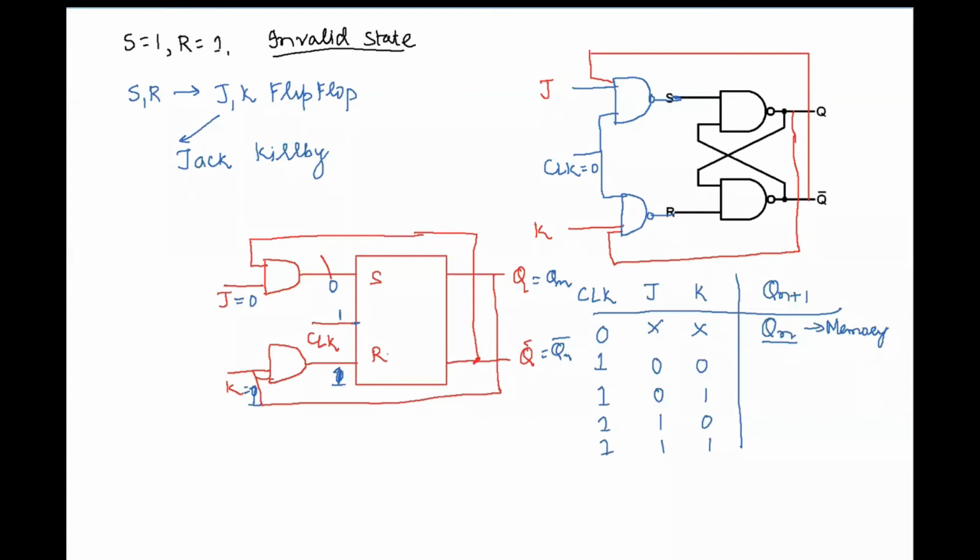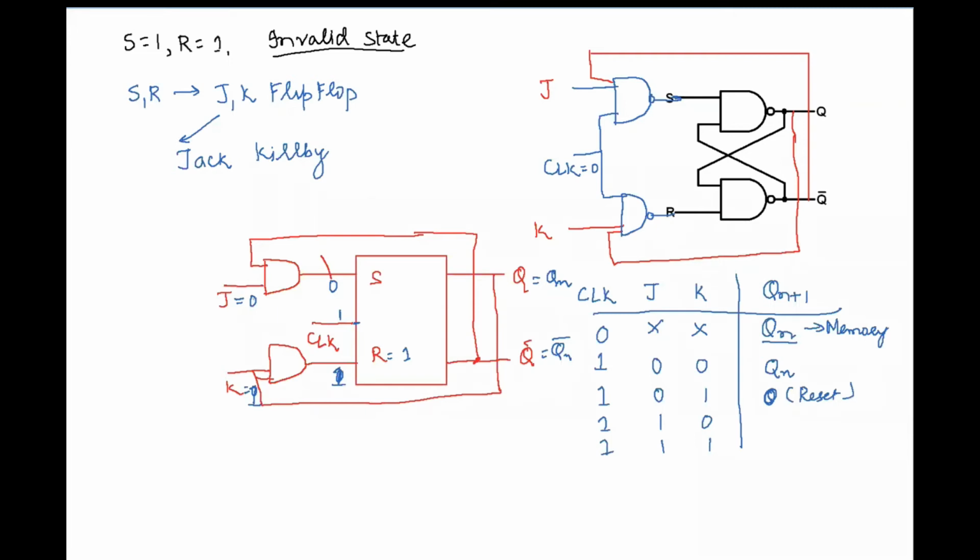So when R is equal to 1, that means it is keeping your system in reset mode. It will keep your system at 0, or we can say reset.